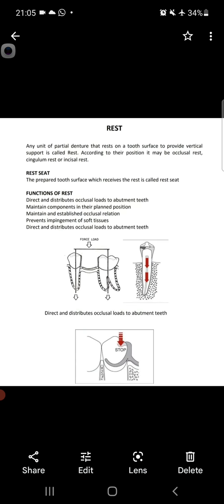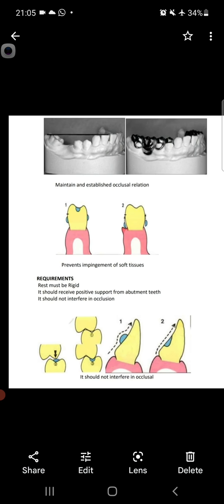Now after the definition of rest, rest seat and function of rest, come to the requirements of rest. What will be the requirements of rest? Number 1, the rest must be rigid in order to provide support. Second, it should receive positive support from abutment teeth, meaning abutment teeth must support the rest.